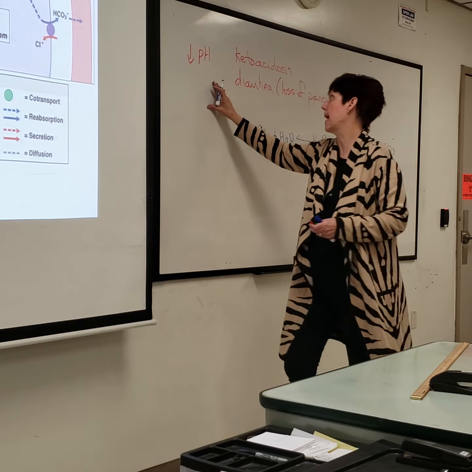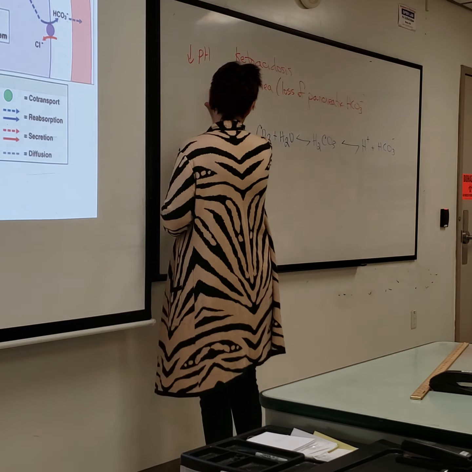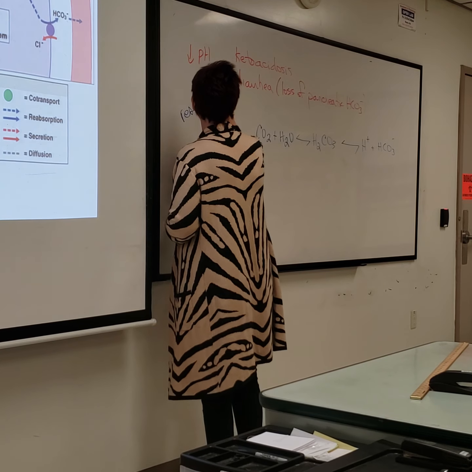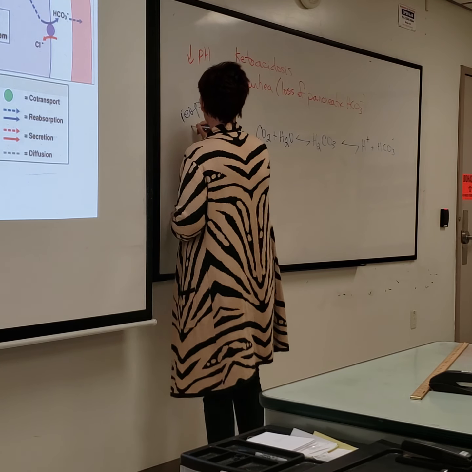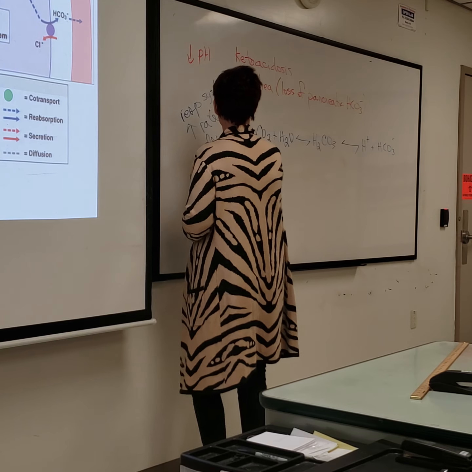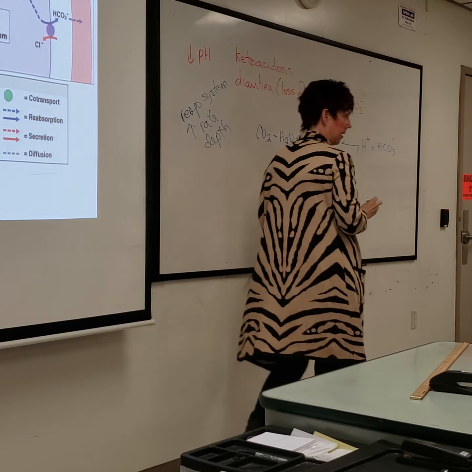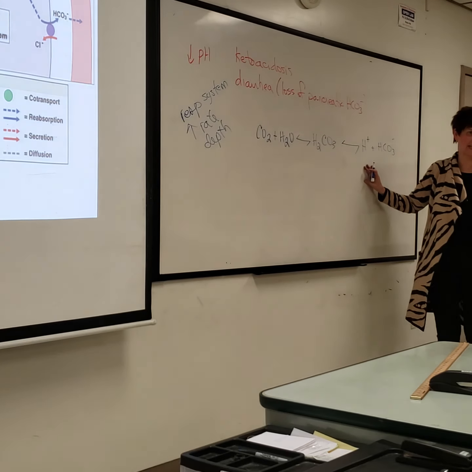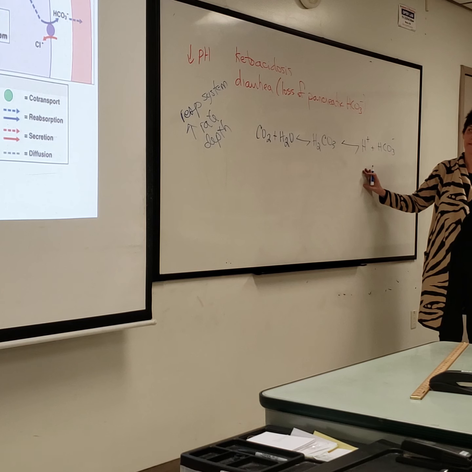So in metabolic acidosis, the respiratory system is going to increase respiratory rate and depth to get rid of CO2, so we don't make carbonic acid, okay?